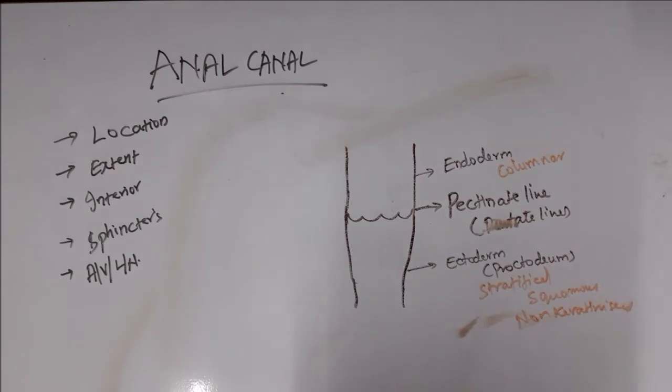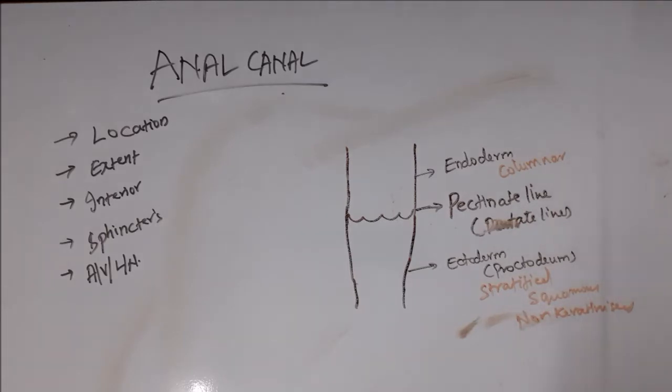So that is one more difference between the upper part and lower part. The upper part is derived from endoderm, so it has simple columnar epithelium. The lower part is derived from proctodeum in specific, and it's lined by stratified squamous non-keratinized epithelium.